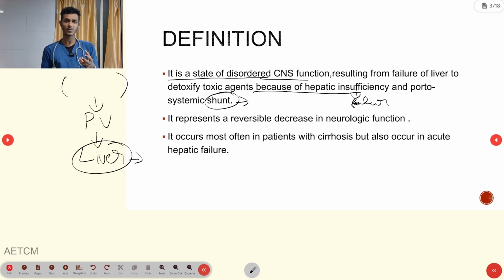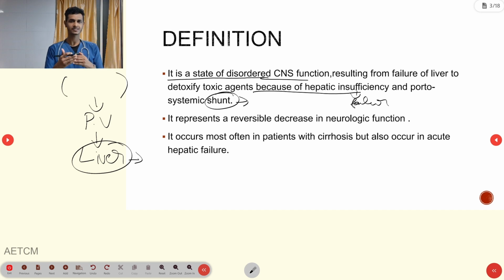Ammonia is one of the products that is majorly produced in your gut. This ammonia is a neurotoxic agent that should be eliminated from our body. The liver takes up the ammonia and puts it through the urea cycle, thereby converting it into urea. That urea is excreted through our kidney.